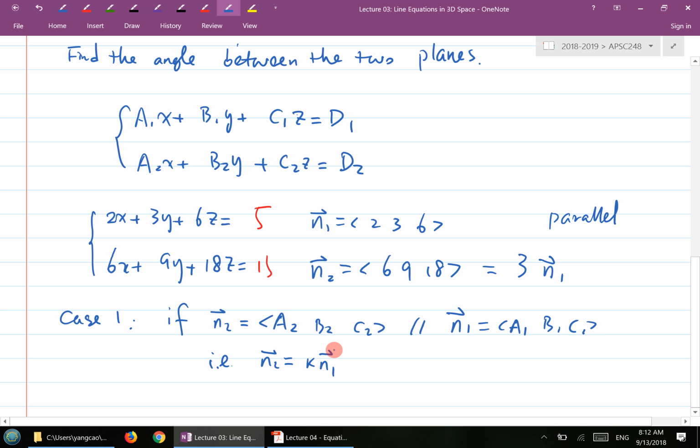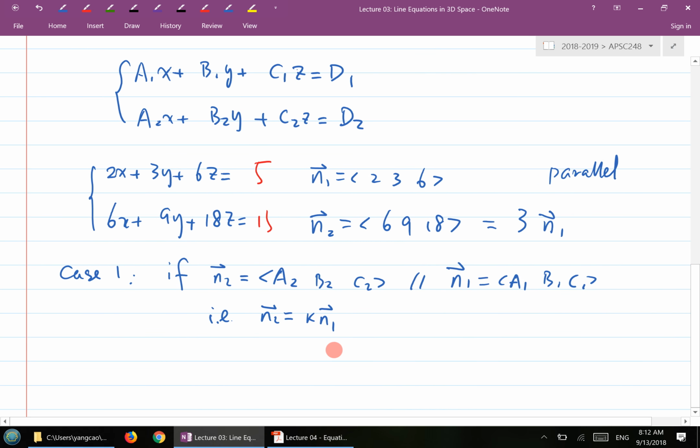It could even be a fraction, like 1/3 or 1/4, so long as it's a multiple. And d2 is not a multiple of d1. Then in this case the two planes we call parallel.